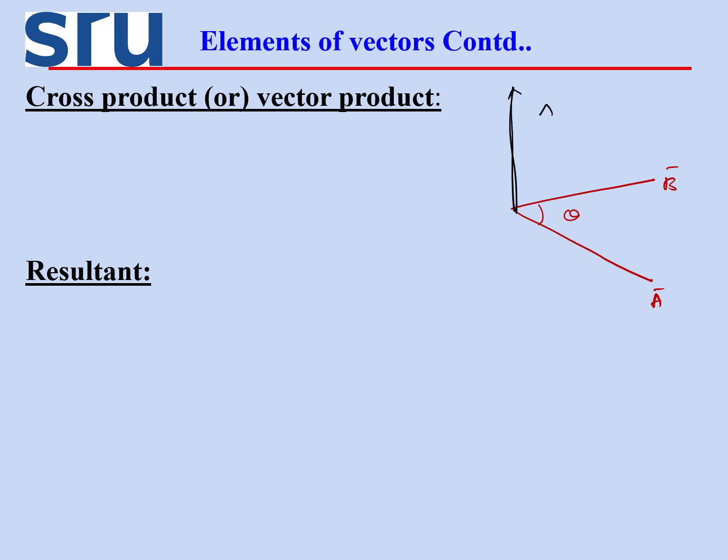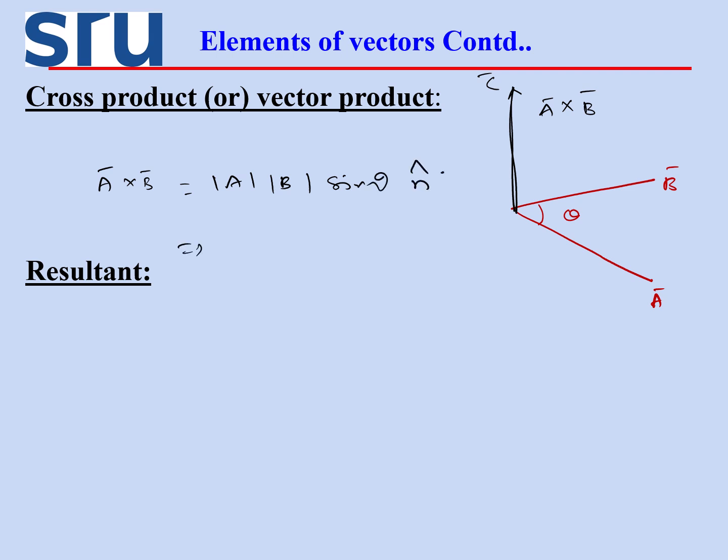So now this vector C equals A cross B. So now A cross B is equal to mod A mod B sin theta into n cap.